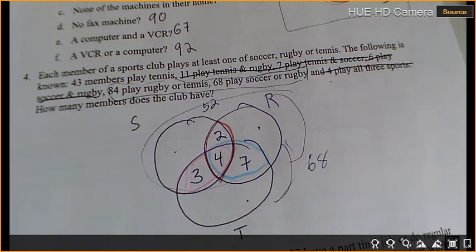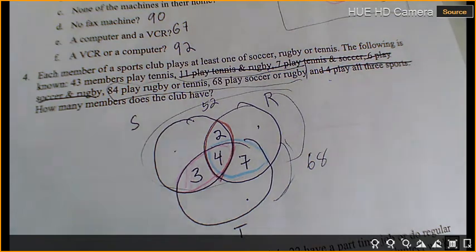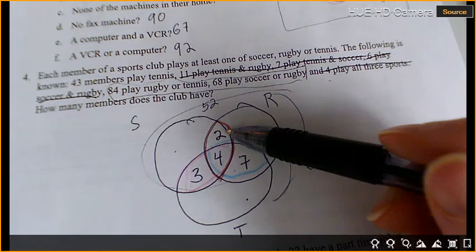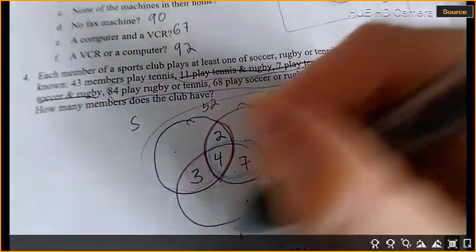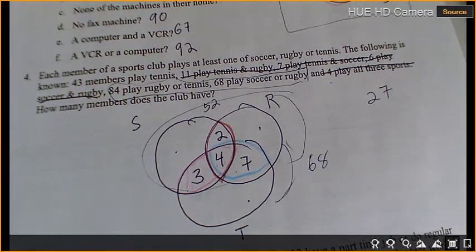Okay, and I need a total of 43 altogether. So I've got 27 in here. So on this outside, I've got 7, 4, 3, 2 in here. So I need on these outside to be a total of 27. How am I going to figure this out, guys?